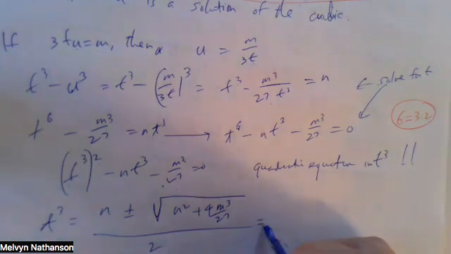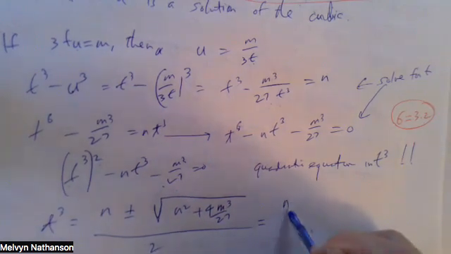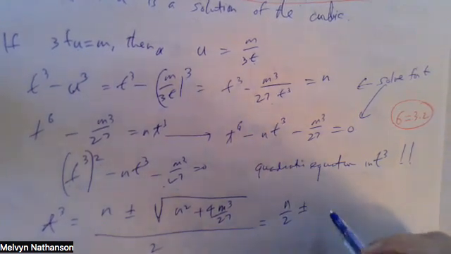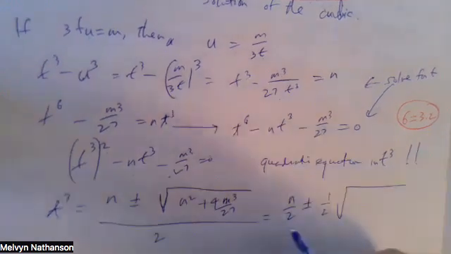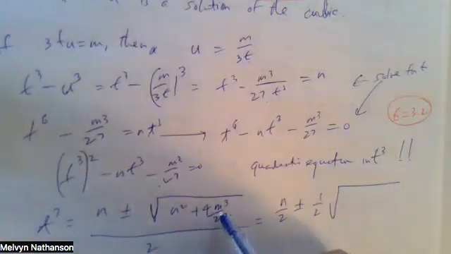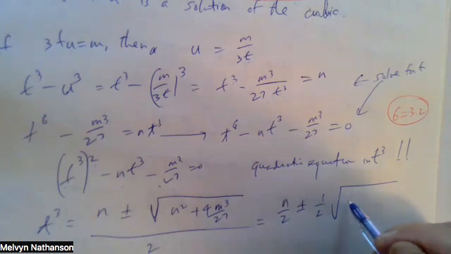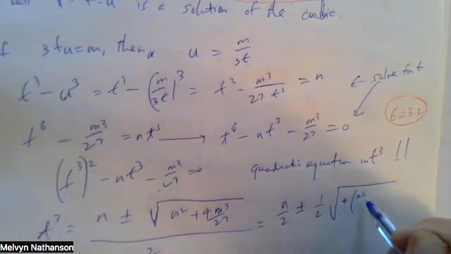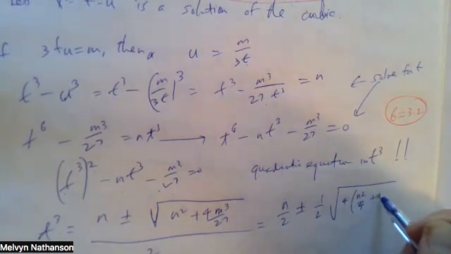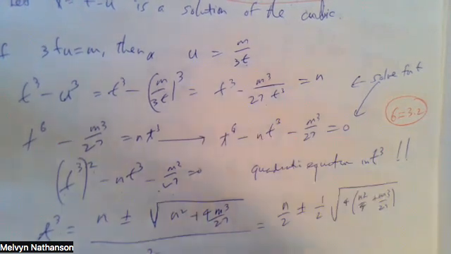Which I can rewrite as n over 2 plus or minus 1/2 the square root of, if I factor a 4 out, 4 times n squared over 4 plus m cubed over 27.